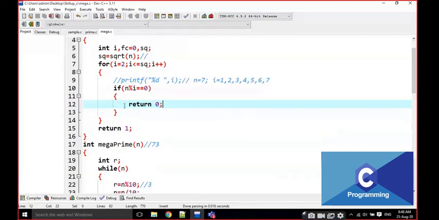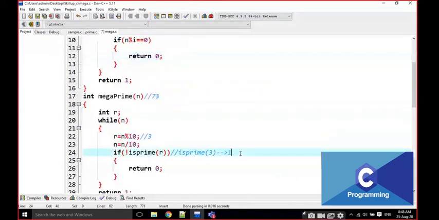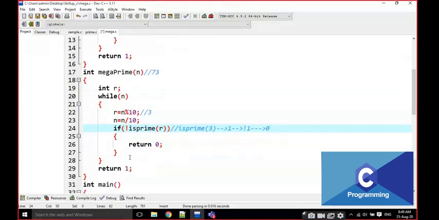Yes, I am returning 1 here. Now I am putting a not symbol there. Not 1. What is not 1? 0. Means 0 here. I am going to check whether it is a not prime or not. That's why I am writing here the not symbol.